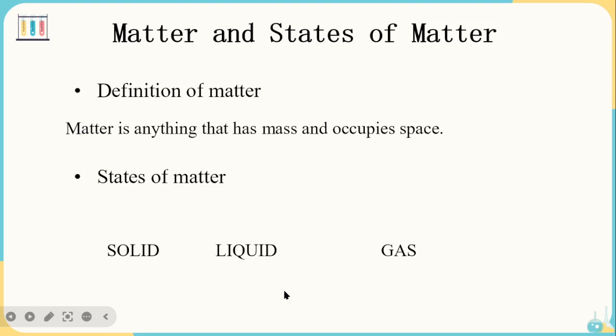So solid, liquid, and gas are the states matter exists in. By solid, I mean stones, those physical things. Liquid, I mean water, something in liquid form. And gas, anything like air, smoke, all that can be considered a gas. You understand? Very well then.